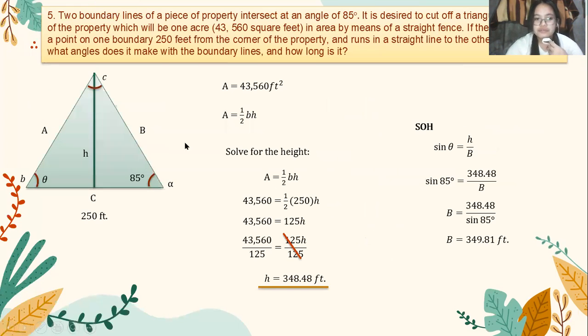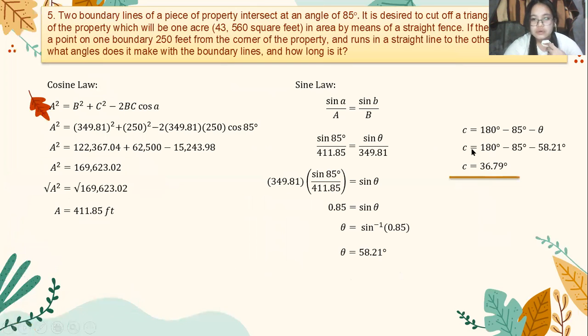So we already have the length of our boundaries and the length of our fence, and the angle of our B and the angle of our A. So the remaining question is what angle does the fence make? We will just have to subtract. So C is equal to 180 degrees minus 85 degrees and minus our theta, which is 58.21 degrees.